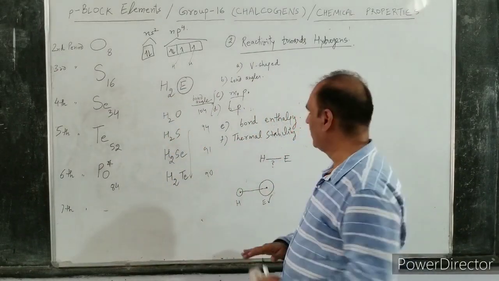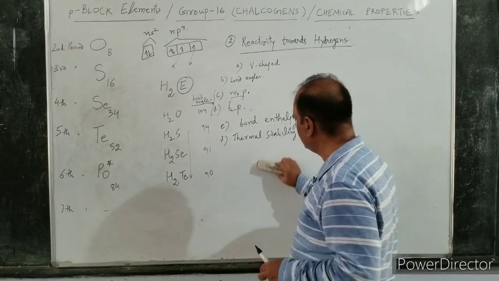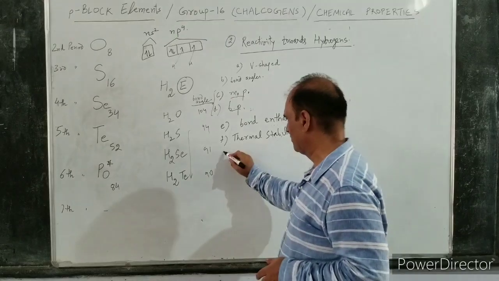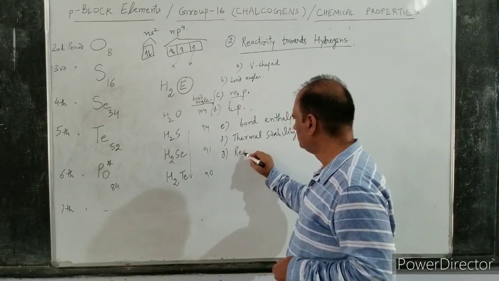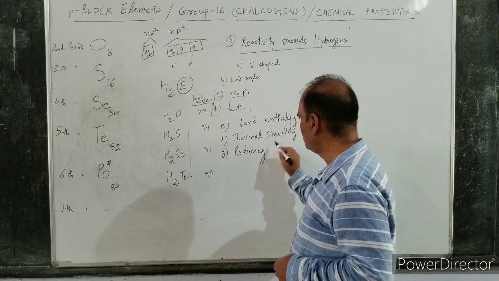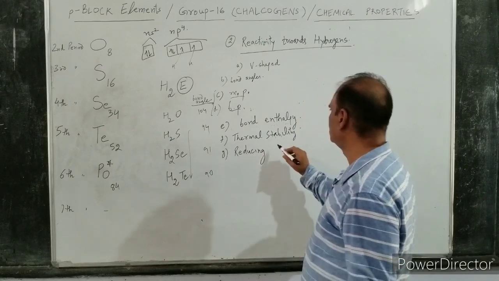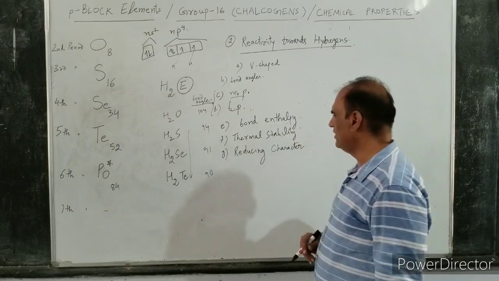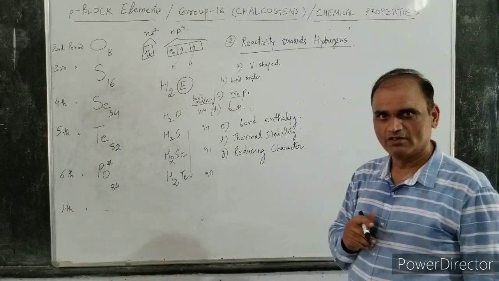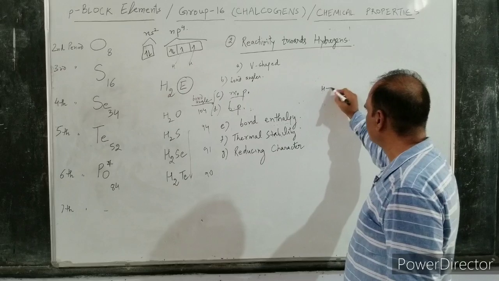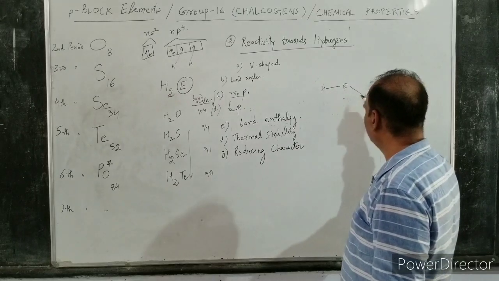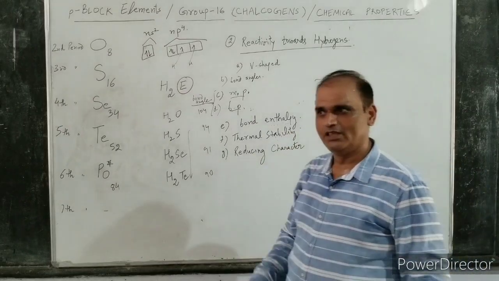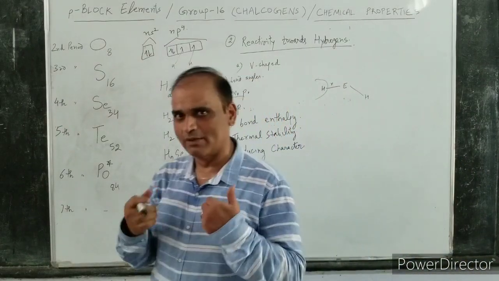Now, next thing is about their reducing character and acidic nature. What is a reducing agent? According to the classical concept, a reducing agent is that which gives H. So all these hydrides, when their bond is dissociated, will lose H. They will supply H themselves.